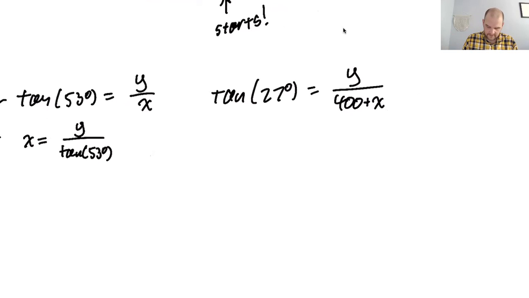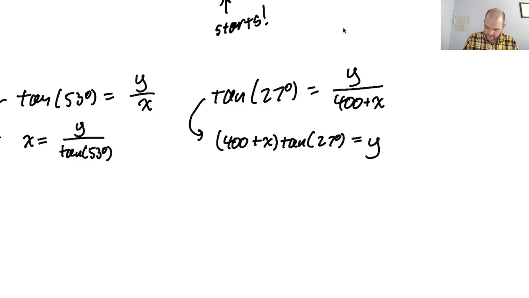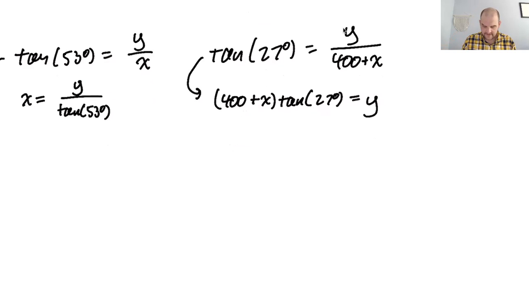Now over here, I'm just going to cross multiply and say that 400 plus x times the tan of 27 is equal to y. Okay, so I'm going to continue working on this part because it's a little easier than substituting and then solving.